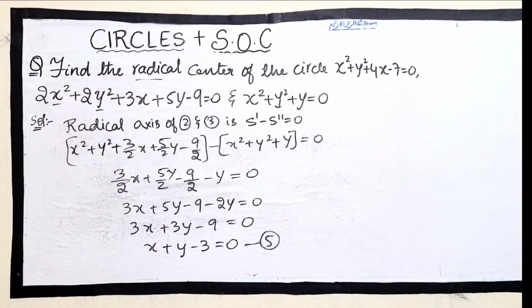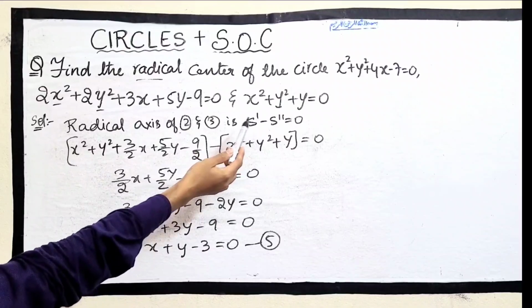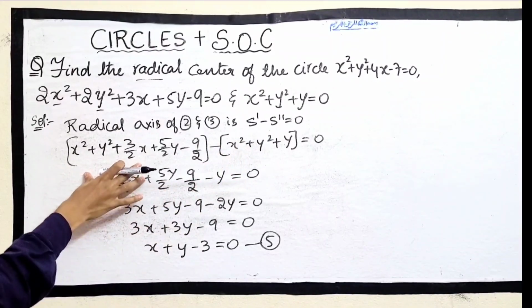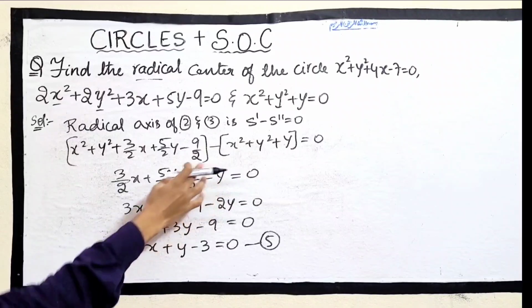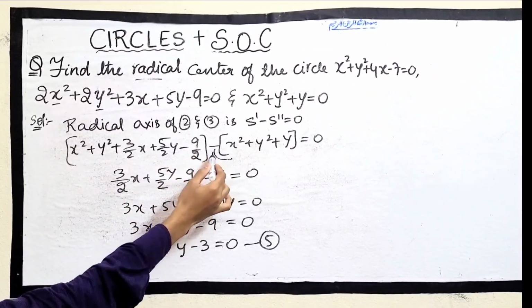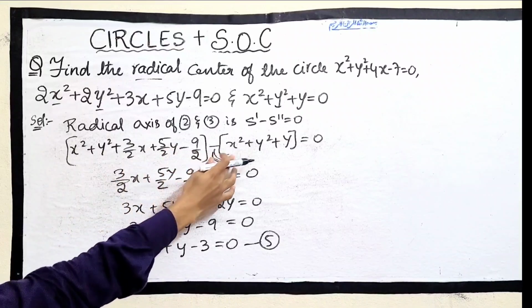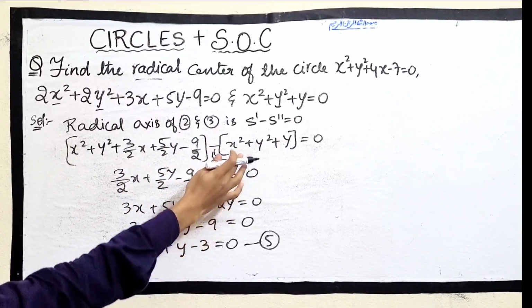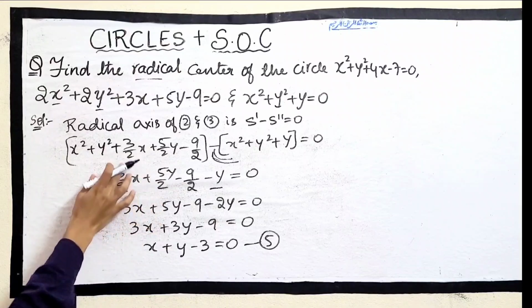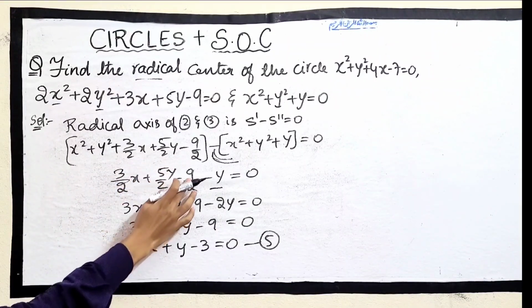Similarly, for the next radical axis, you have to subtract equation 2 minus equation 3, which means S dash minus S double dash, the third equation. Just subtract, multiplying all three terms with the minus sign. What will be left over? x square, y square and minus x square minus y square will be cancelled. Only minus y will be left over from that one, and the remaining terms are 3 by 2 x plus 5 by 2 y and minus 9 by 2.